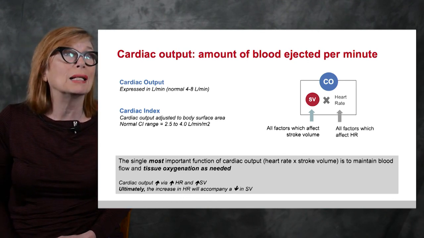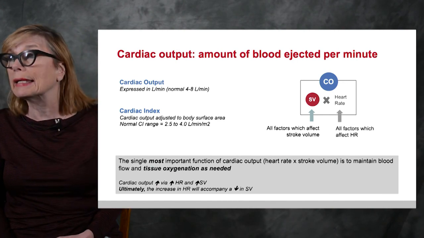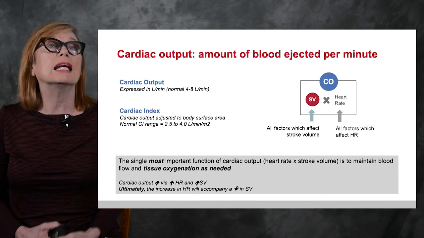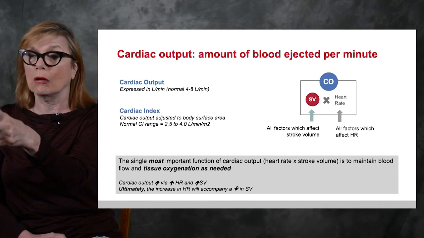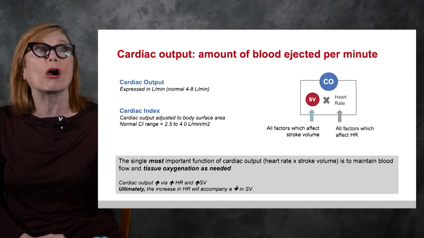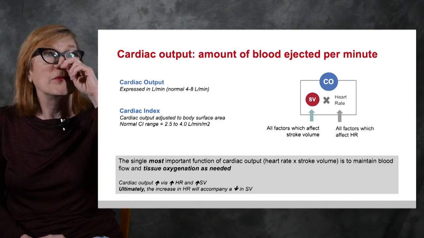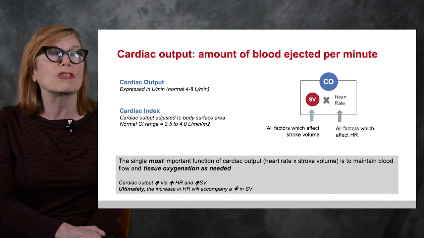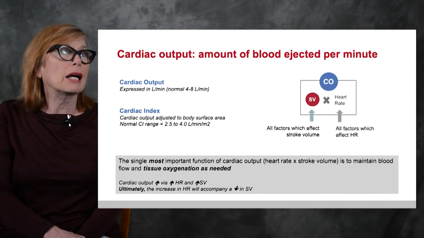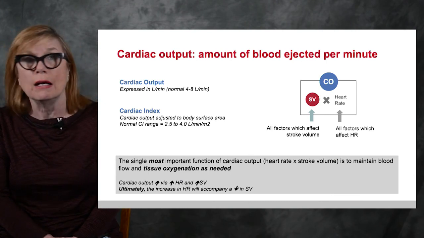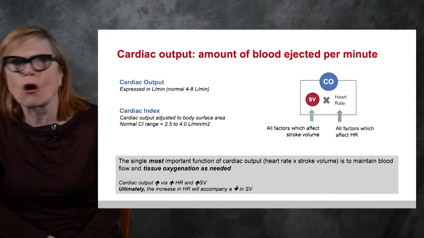Cardiac output normally in liters per minute is 4 to 8 liters per minute. Cardiac output divided by body surface area gives us a more localized and predictable quantity of blood flow per body surface area. That's known as cardiac index. Normal cardiac index is 2.5 to 4. But I would tell you pretty much all of my hemodynamic mentors and heroes would say there is no normal cardiac output.